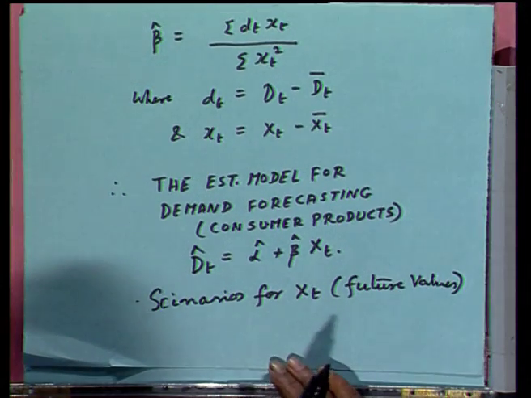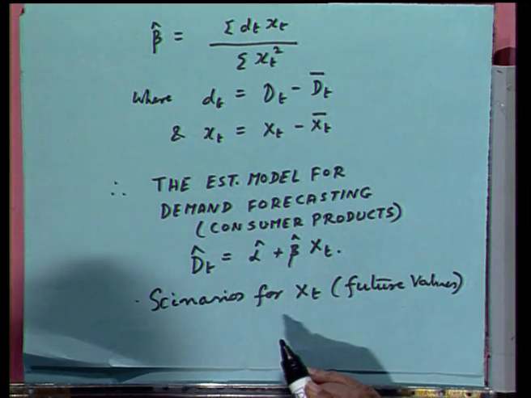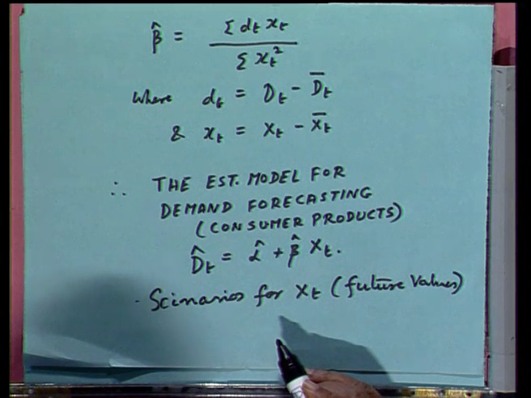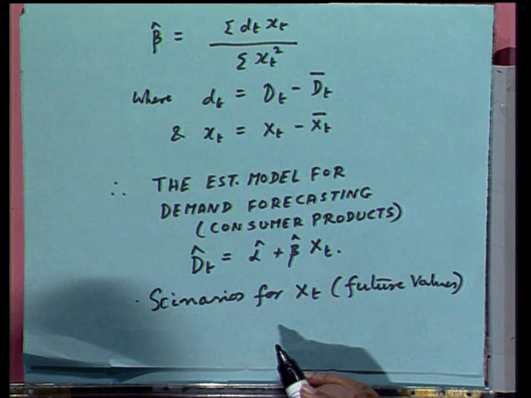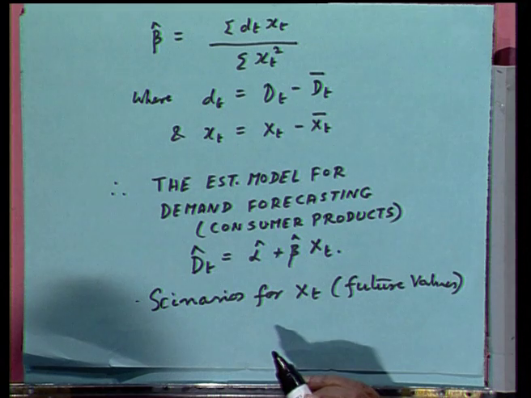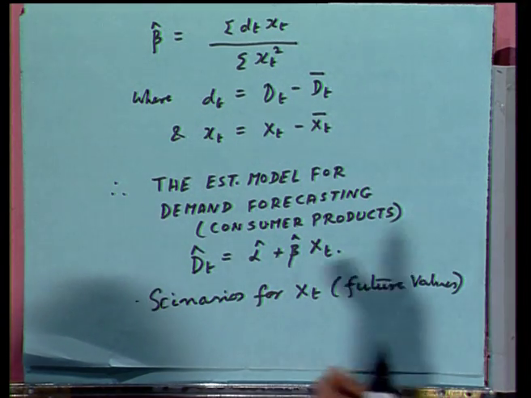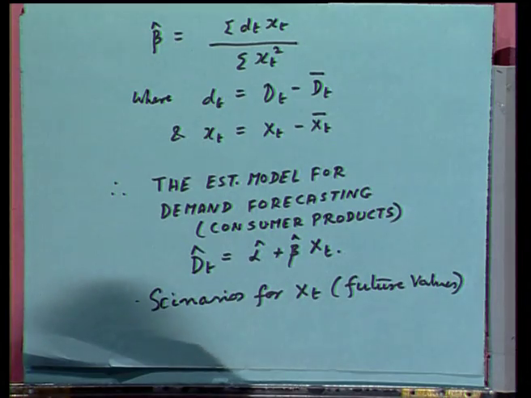Supposing you are in a very bright situation as far as the economy is concerned, we can say that xt is increasing every year, or if the economy is not improving and it is in a downward shape, we can say xt is going down, that is as far as the per capita income is concerned. Whereas if it is price, maybe you can think of a scenario like the price is increasing in the beginning and then going down later on. In the same manner, the price is decreasing in the beginning and increasing later on.